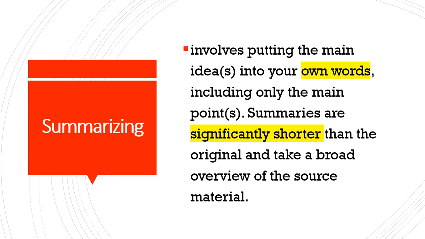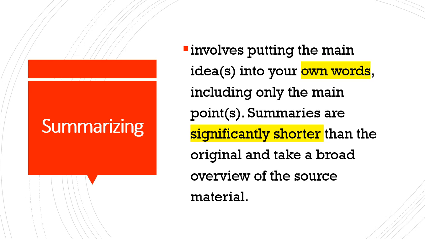Of course, you cannot say that what you have written is a summary if it has the same length with the original, but you express it in your own words. That may be a paraphrase and not a summary. That is the main difference between paraphrasing and summarizing. In paraphrasing, you will restate the meaning of the text using your own words, but your output will be of the same length.